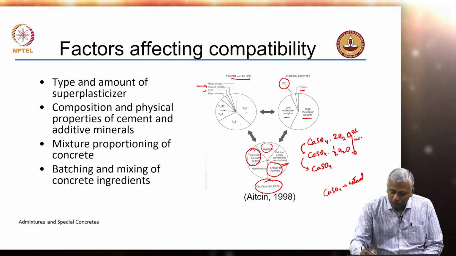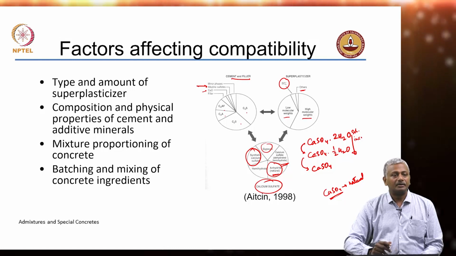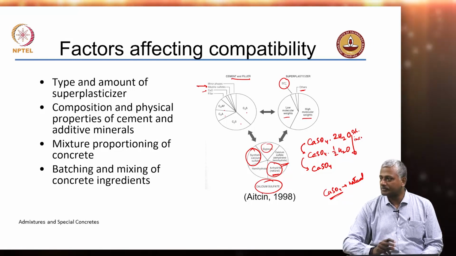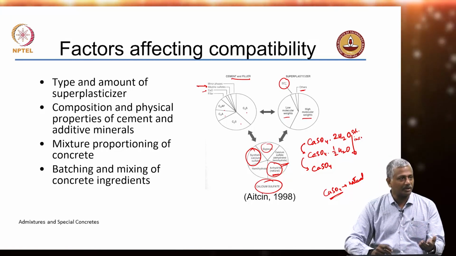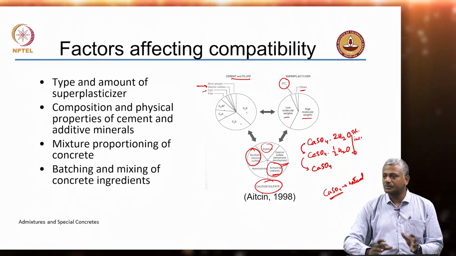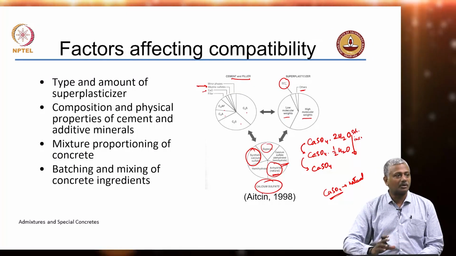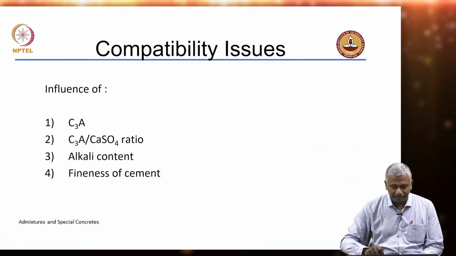Now, it turns out if you use natural anhydrite, naturally occurring calcium sulfate, the solubility is very low, it is even lower than that of gypsum. Interestingly, synthetic anhydrite can have high solubility, natural anhydrite has a low solubility. So, when you start using these systems in your cement, you need to be very careful as to what rate they are actually coming in. We will touch upon this again later.